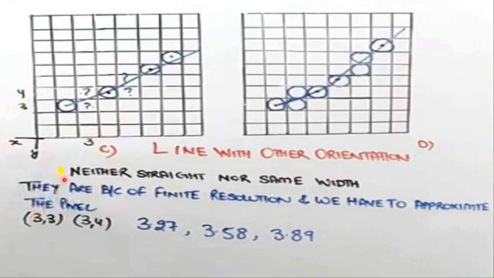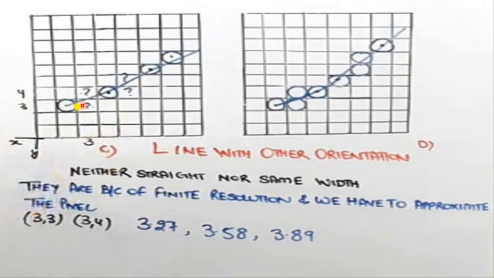Why did we write it like this, 3 comma 3 and 3 comma 4? Because the line is passing in between two pixels, in between the two grids. Of the two grids, only one grid should glow, only one should pass the light.